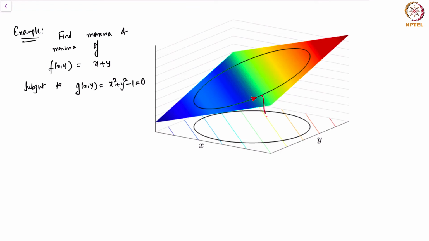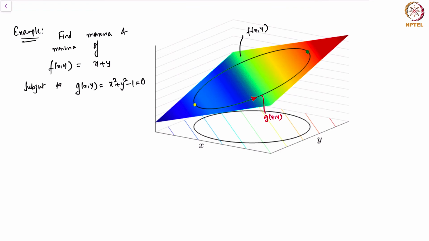This is my g of x comma y, and the function f of x comma y itself is shown in color. You can straight away say that this is the maxima and this is the minima, but we'll determine the coordinates of that.